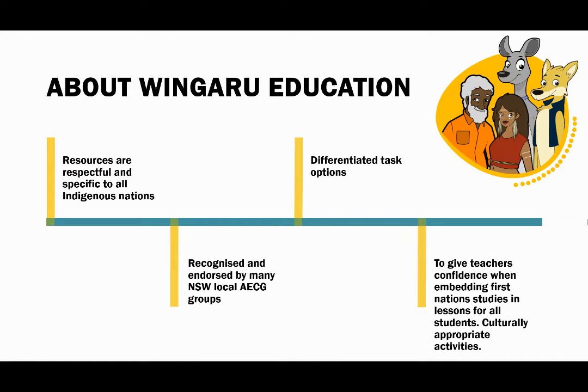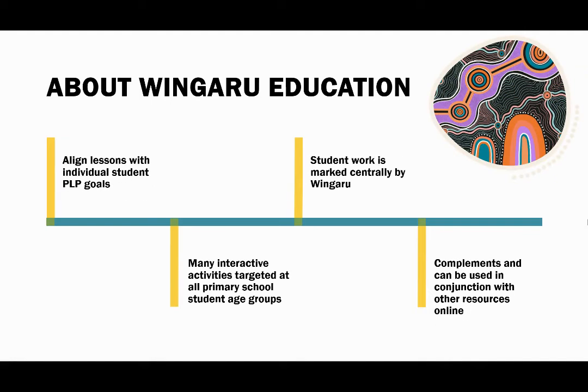It gives the teachers confidence when embedding First Nations studies into their lessons. They know that they're going to be culturally appropriate, and it especially reassures me when I am educating Aboriginal students who are not from my area, which is Darug, and gives me that bit of reassurance.